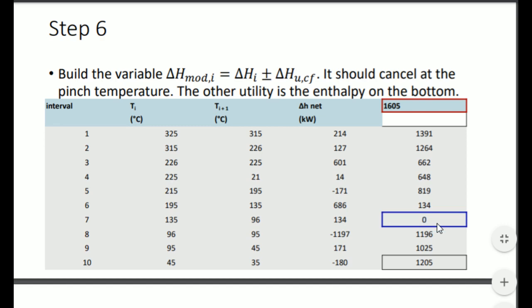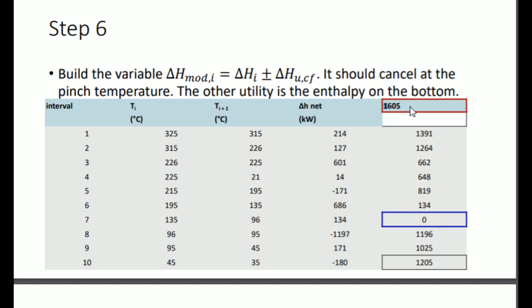Now the good thing is that we can identify instantly the cold and the hot utilities, because the cold utilities are the ones on the bottom, because we have here the coldest stream, to which we will add 1205 kilowatts, and for the hot stream, the one on the top, it's equal to 1605. So our algorithm is almost finished.